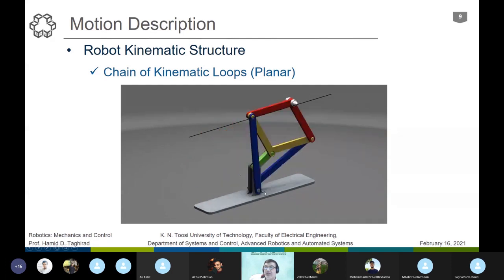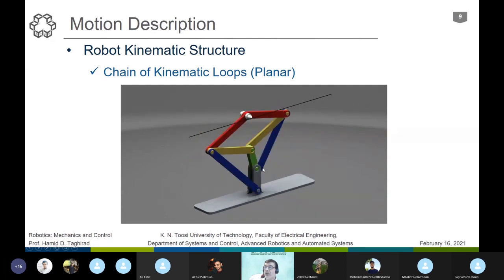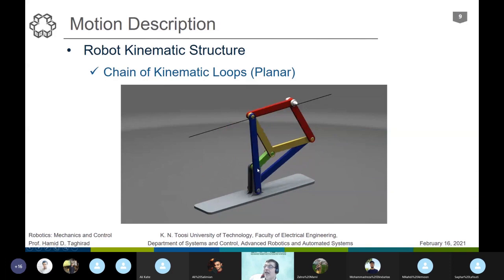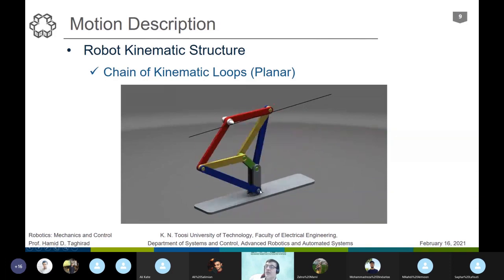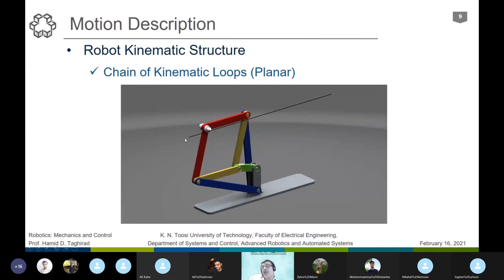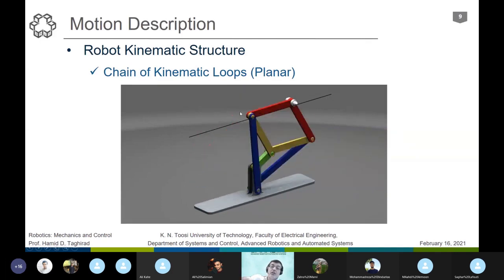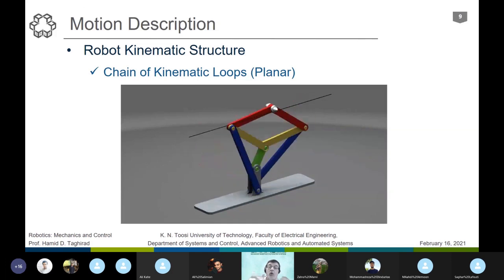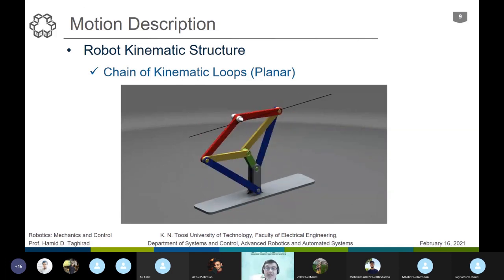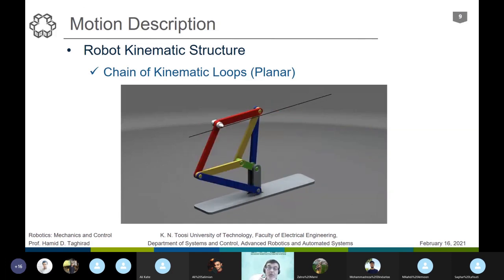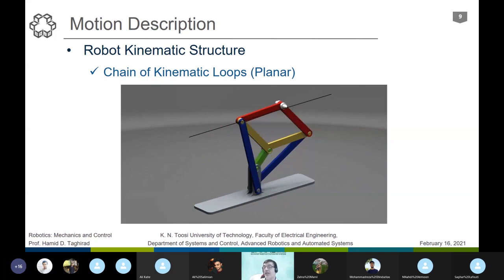By moving it around, you can have a translational motion, as you see. Of course, it doesn't have a very long workspace, and the motor cannot rotate all the way around because these kinematic loops provide some constraints.